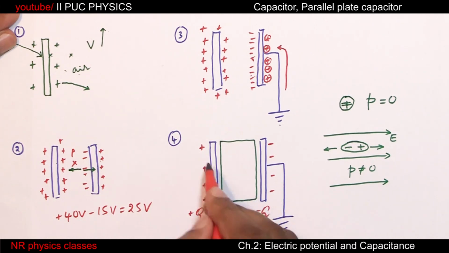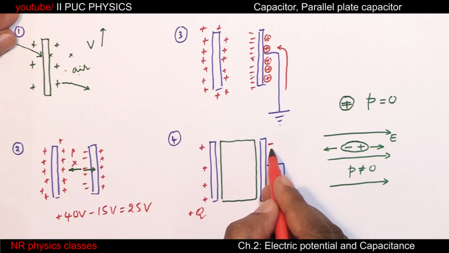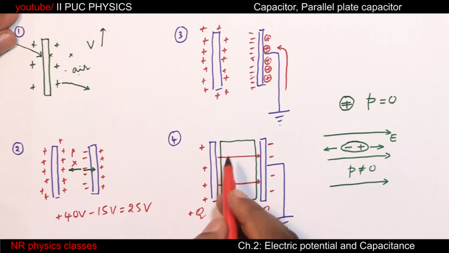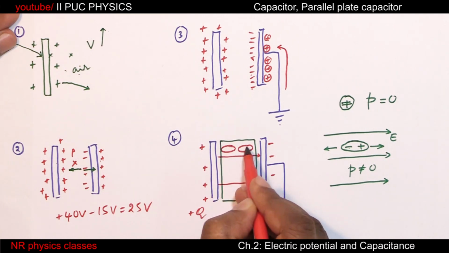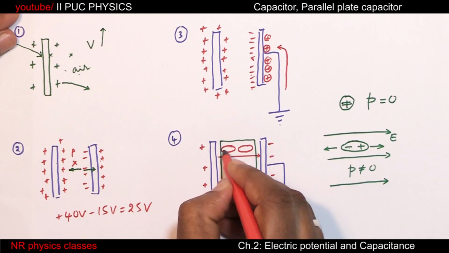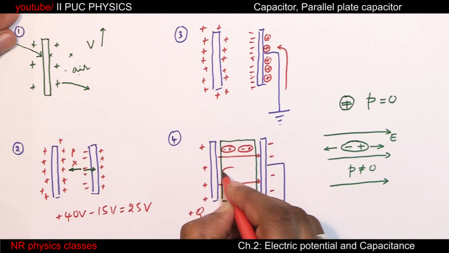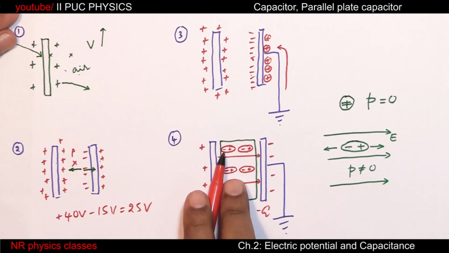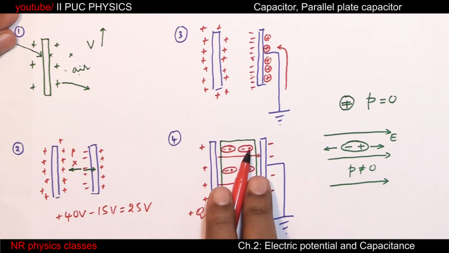At the same time, the electric field by positive and negative charges will polarize molecules. These are the polarized molecules, just like this. Minus, plus, minus, plus. Molecules are polarized. Let me show that by only a few. So the negative side is closer to positive and positive is closer to negative.